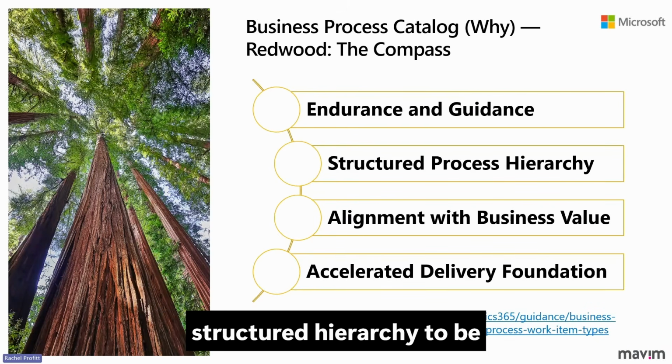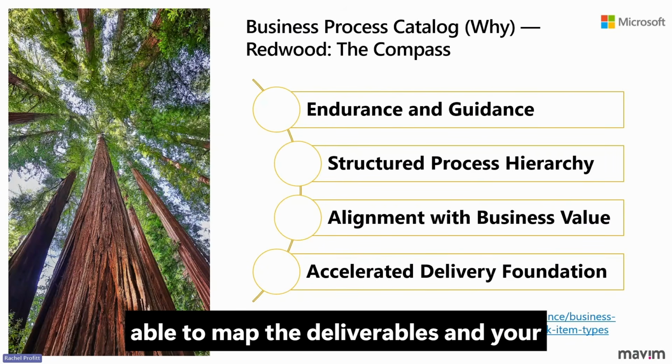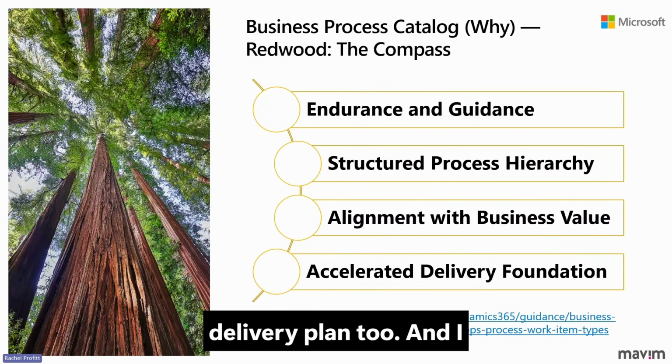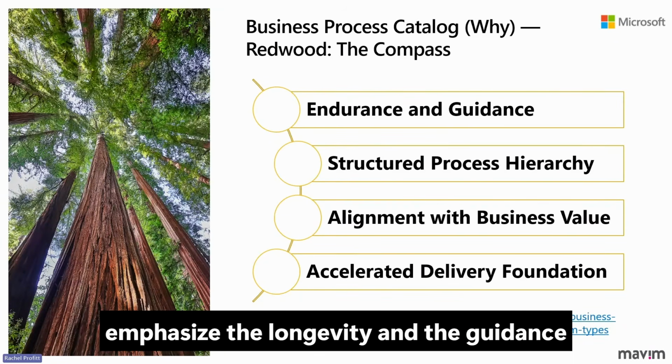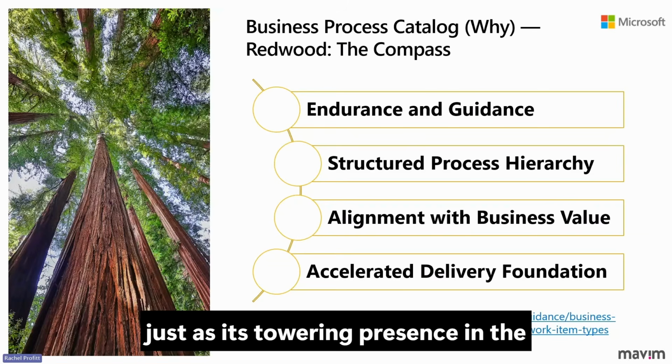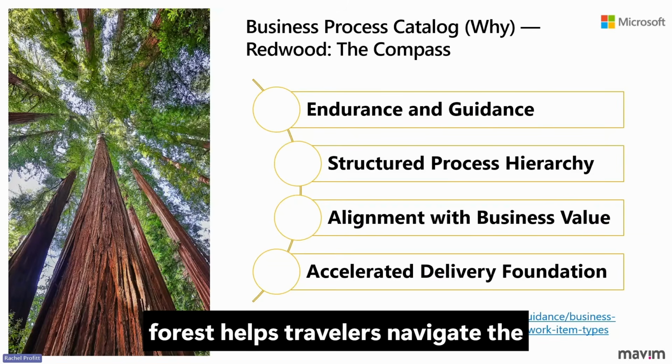And it gives you a structured hierarchy to be able to map the deliverables and your delivery plan too. I think that redwood analogy helps emphasize the longevity and the guidance, just as its towering presence in the forest helps travelers navigate the forest.